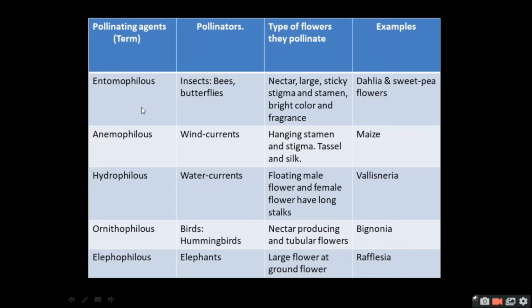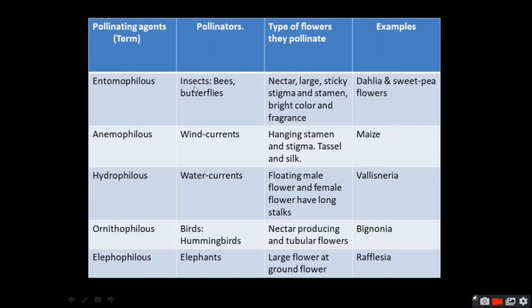Moving on to the first, Entomophilous, which is pollination occurring through insects. Insects like bees and butterflies help in pollination, and in exchange for the anthers or the pollen grains, what they take is the nectar.